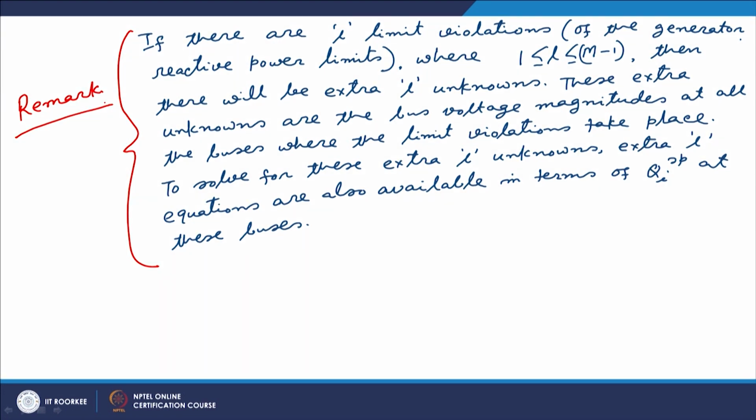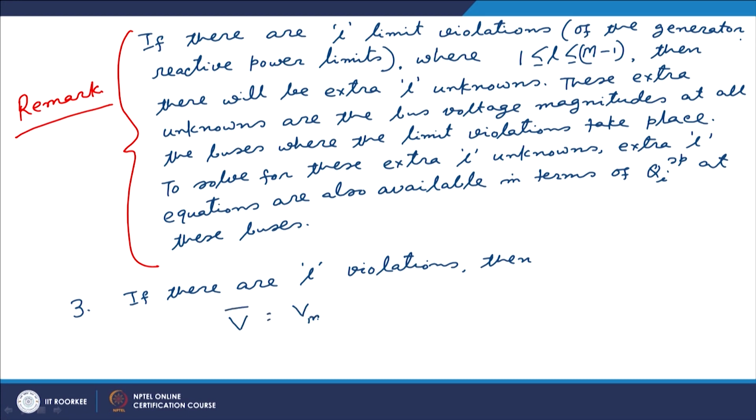So, now we come to step 3. In step 3, if there are L violations, then what would be the V vector?